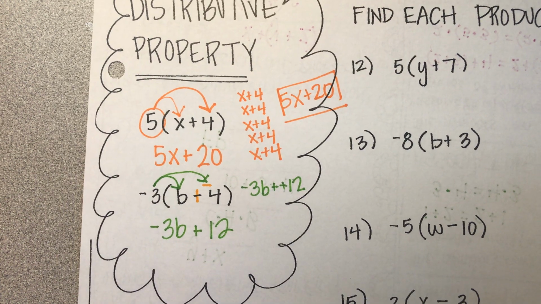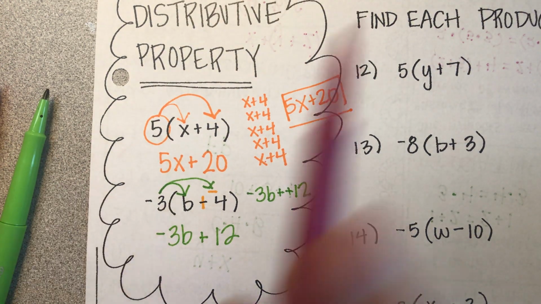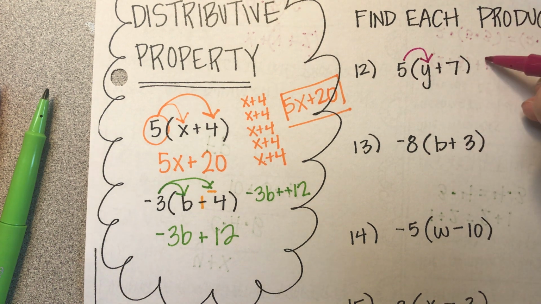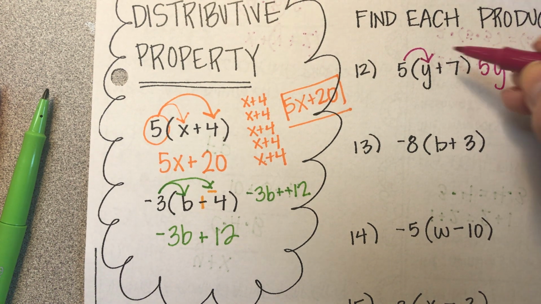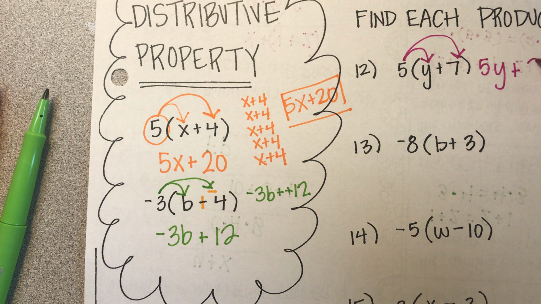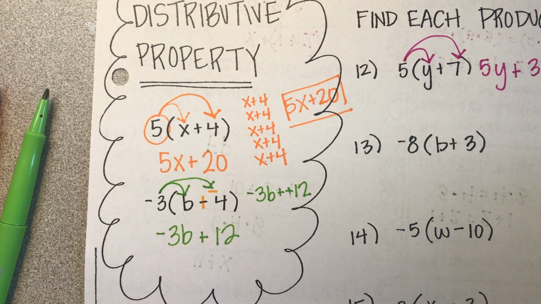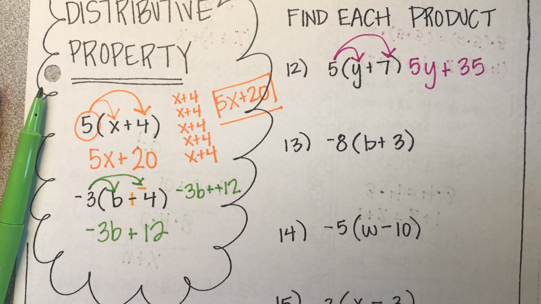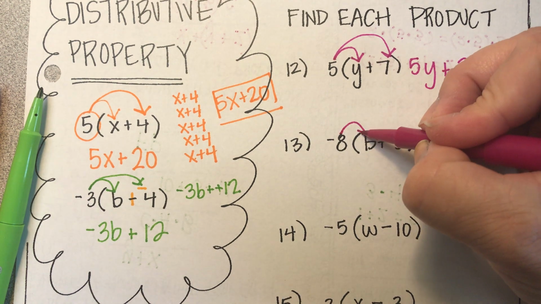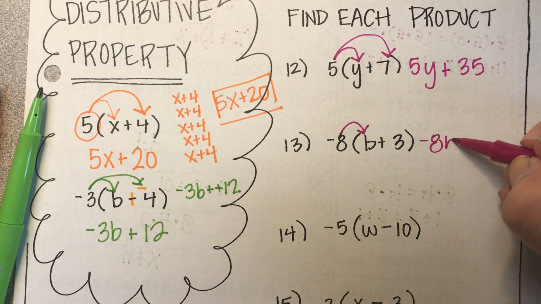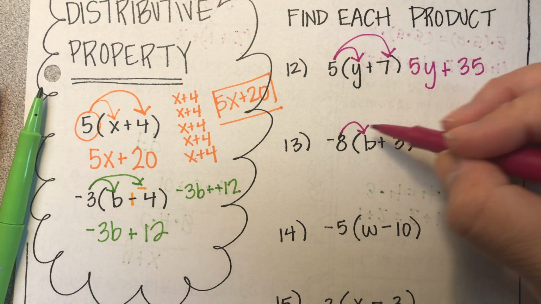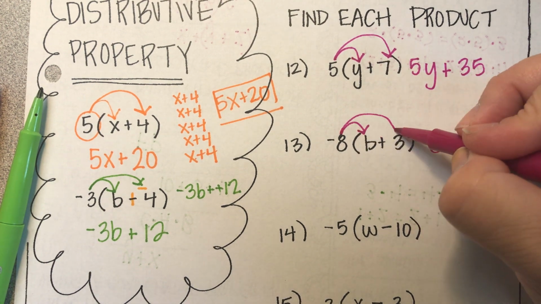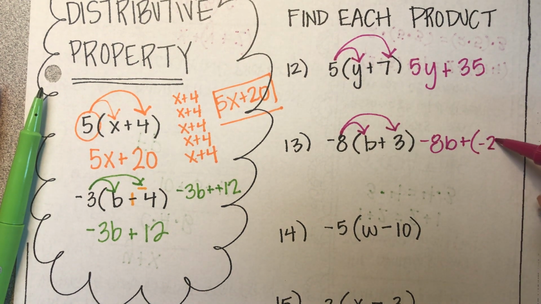Okay, so let's look at this one. Number 12, 5 times y is 5y plus 5 times 7 is 35. And then we're done. Negative 8 times b is negative 8b, and then plus negative 8 times 3 is negative 24.